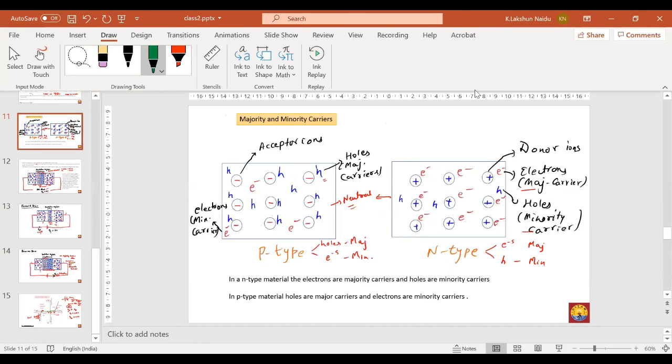People don't remember whether the ions are acceptor ions or donor ions, whether holes are the majority carriers or the minority carriers. So there is a lot of confusion. At least you people shouldn't get confused in these basic things, because once you understand these, only then, in future, if you are making transistors, they are fine.